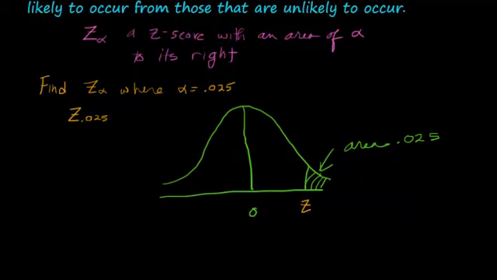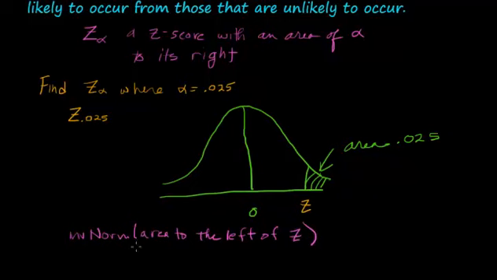Well, now you should be thinking you know how to do this, right? We use the inverse norm, but recall it requires area to the left, and this time I've just labeled it z, so I'll just say to the left of z.